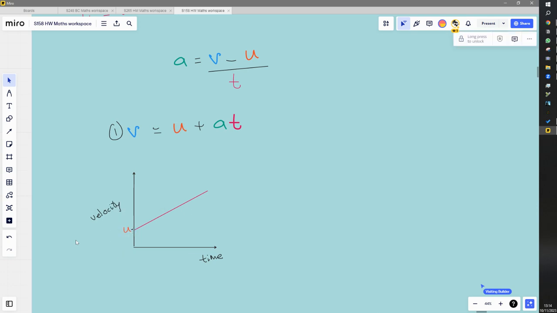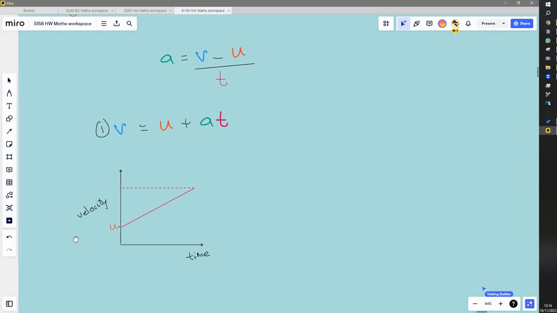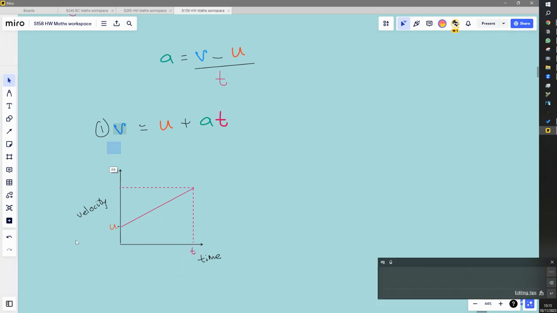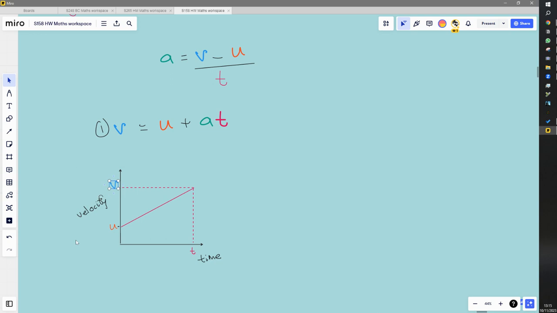And it's going to go up to that point there, which let's give a dotted line. Okay, and we can say that the time it takes to do that would be labelled as t, and the velocity that it reaches would be labelled as v.